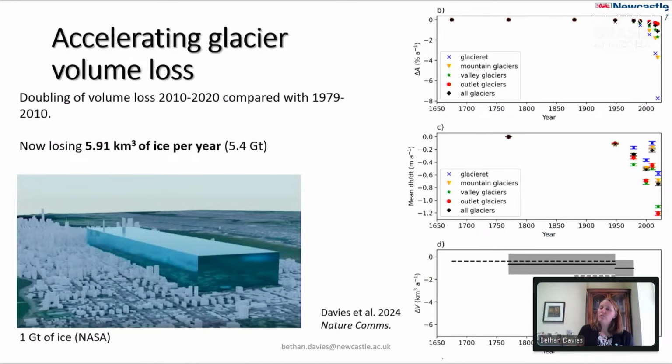And because we can create these surface elevation models, we can calculate the thinning. And if we do a volume calculation, a density calculation, we can then calculate the volume of ice lost. So the three graphs here go from 1750 through to the present day. And the top is the change in area through time.